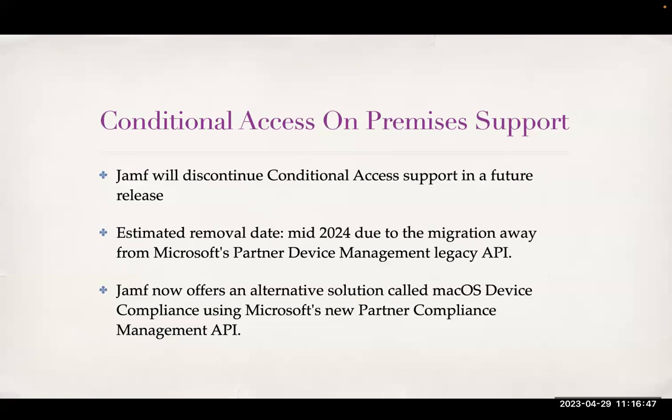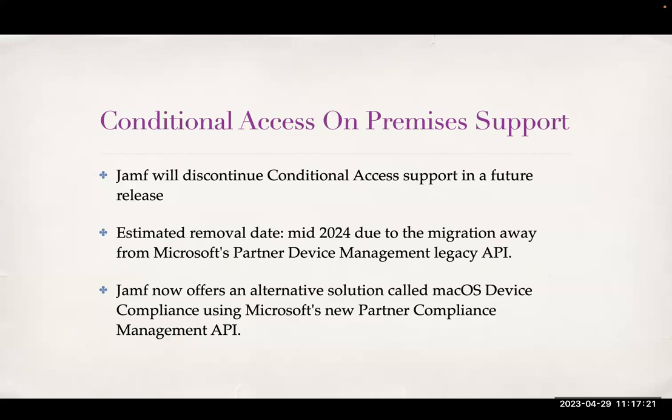First, conditional access on-premise support. We all know that Jamf is going to discontinue conditional access support in future releases. The estimated removal date is May 2024. As Jamf is moving away from the Microsoft Partner Device Management API, we now have a new API called Partner Compliance Management, which is leveraged with device compliance.